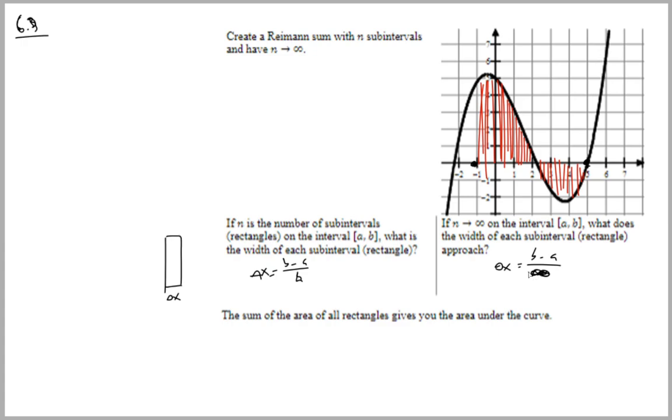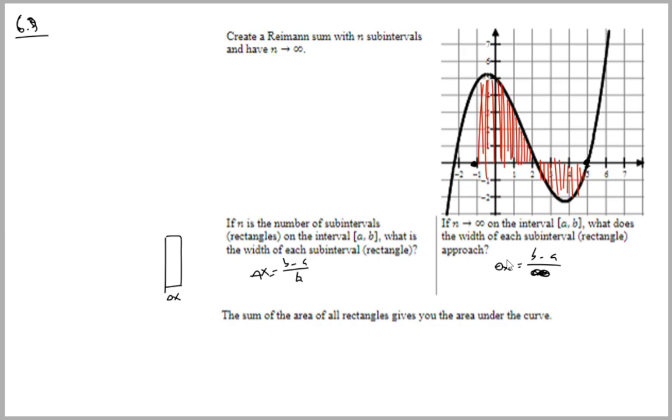And we know that any number over infinity is basically 0, and since you can't have a width of 0, it kind of doesn't exist. It's really hard to do it this way.